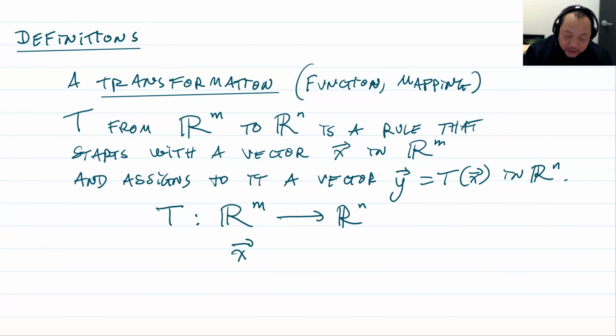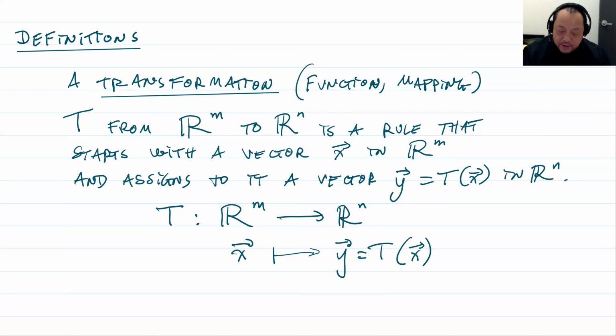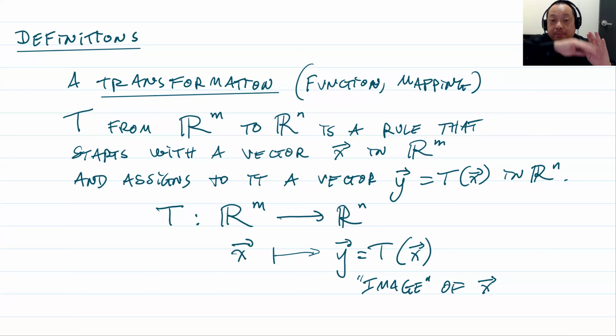And for that, we write it with an arrow with a little tick mark at the beginning. And this thing here is called the image of x. And note that the image of x is sitting in a different space. M and N may be different, so you could have a 3-dimensional vector and somehow transform it into a 4, 5, 6-dimensional vector if you want, or a 1-dimensional vector if you want.